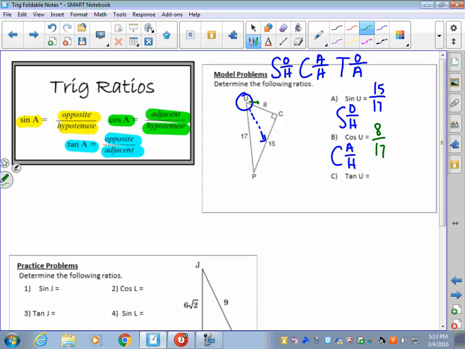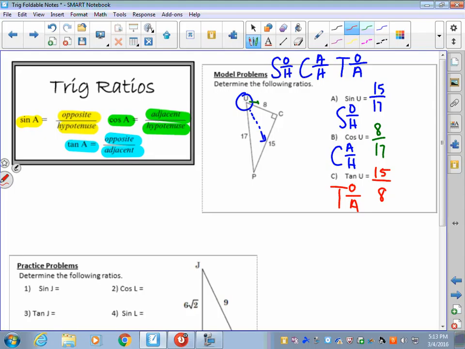Now try the last one. Tangent of U. See if you can go ahead and write that ratio. Tangent is opposite over adjacent. So using angle U as your reference angle, let's get the ratio of the sides opposite and adjacent. And you should have, and I know you will have it, 15 over 8. Okay?